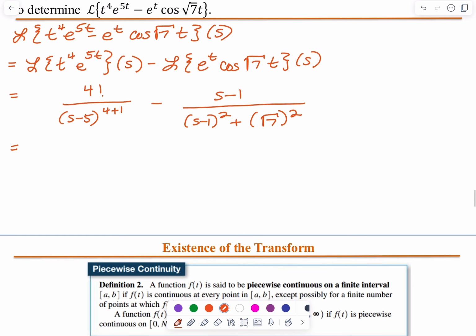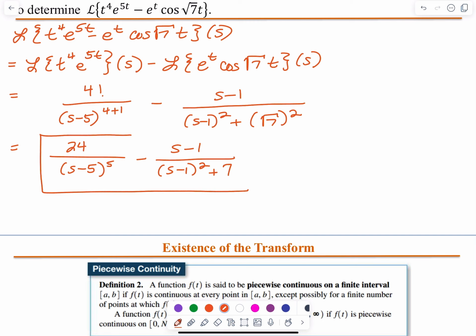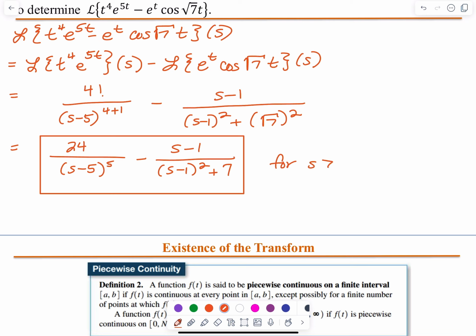So as you can see, this will simplify to 24 over s minus 5 to the 5th power minus s minus 1, all divided by s minus 1 squared plus 7. Okay, and of course this will be valid for s greater than 5 because we have to have the intersection of both of those domains.